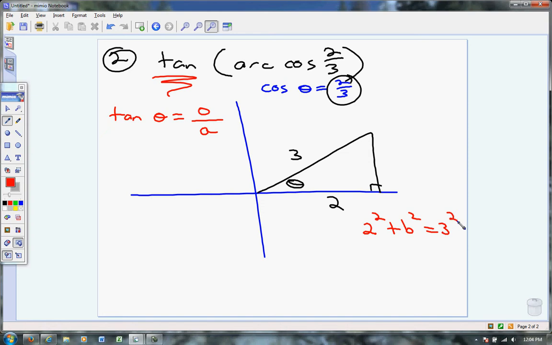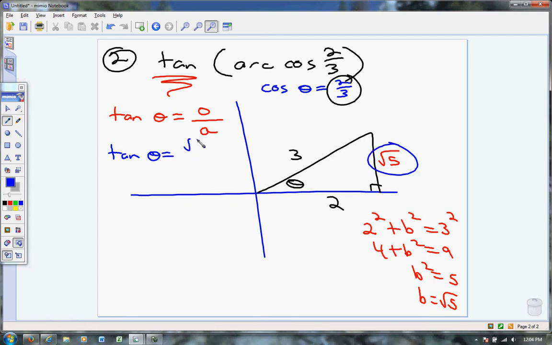That's going to be 4 plus b squared equals 9. B squared will equal 5 after I subtract 4. B is the square root of 5. So my opposite side is the square root of 5. I'm ready to wrap this thing up. The tangent of theta will be the opposite side, the square root of 5, over the adjacent side, 2. And there's your answer.